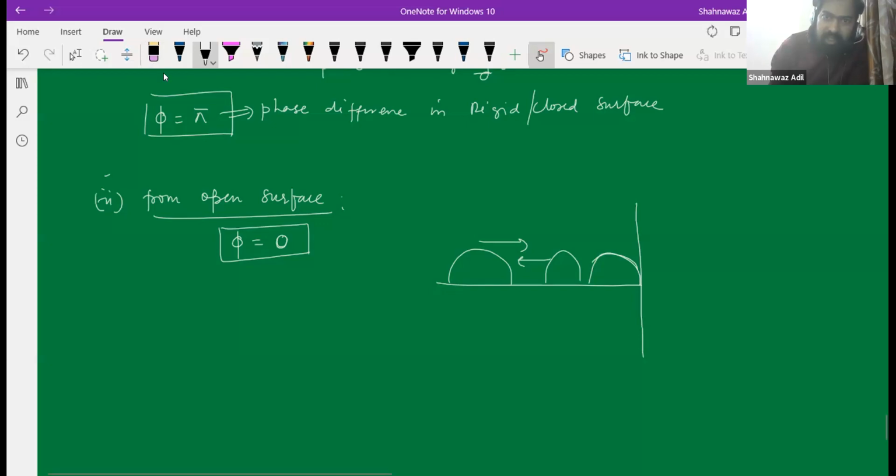The phase difference would be zero, and only the direction will change, right? This is the incident wave, and this is the reflected.